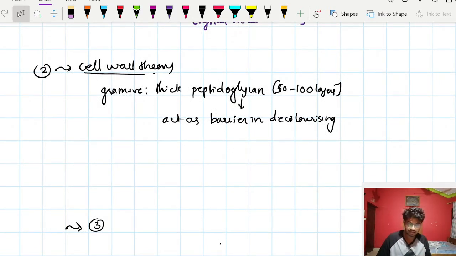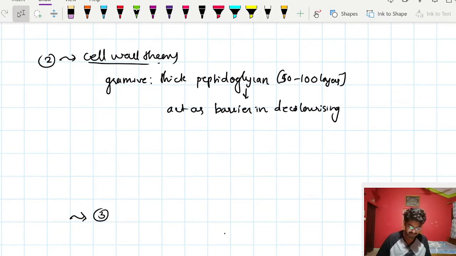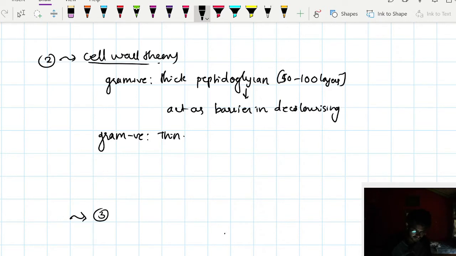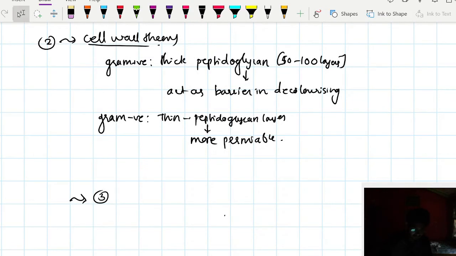So gram negative bacteria will not retain the primary stain. In gram negative bacteria the layer is thin, so it is more permeable, and it is easily decolorized.